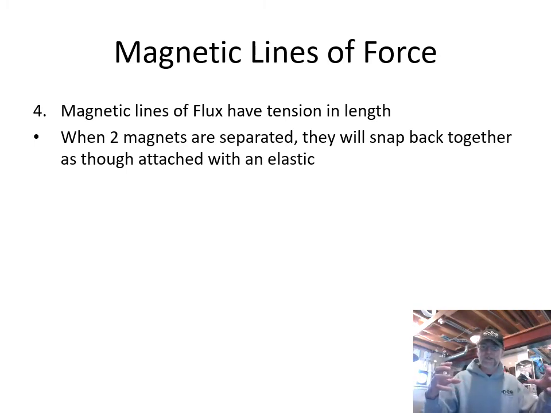There's just a point where suddenly the force of attraction is so small that it becomes negligible and it just doesn't exist anymore. So tension in length is like an elastic, but the behavior is the exact opposite. Instead of being the strongest just at the moment before it snaps, which would be the case for an elastic band, it's strongest when the magnets are closest together. And that information comes from that equation that we looked at, the second law of magnetism.